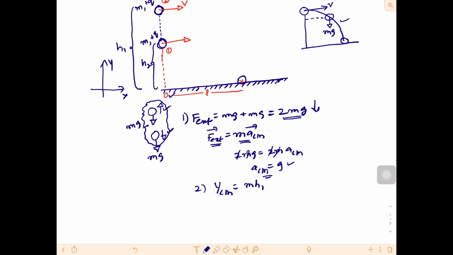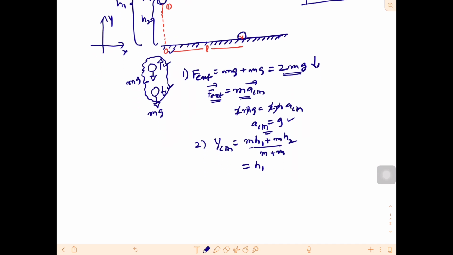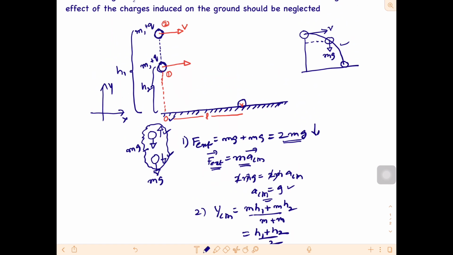m h1 plus m h2 by m plus m. So this turns out to be (h1 plus h2) by 2. That means the center of mass is somewhere here in the middle of these two particles. So the mass of that we can think is 2m.